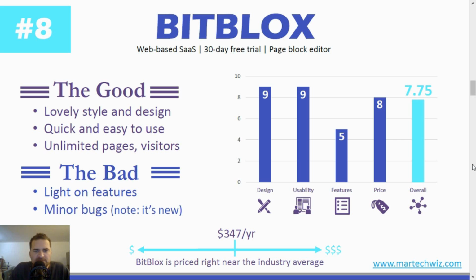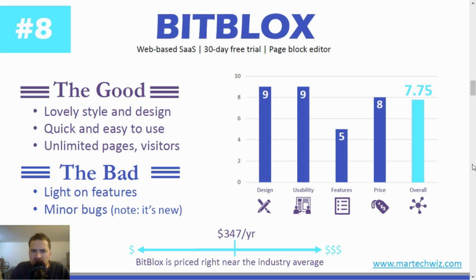So the good aspects, as we mentioned, design, the pages look great. It's just very easy to use, so the usability is going to score high. Most page block editors are not going to have the amount of features that other more established tools will. So we expect their feature list to increase over time, but for now, they definitely lack some features that others have.